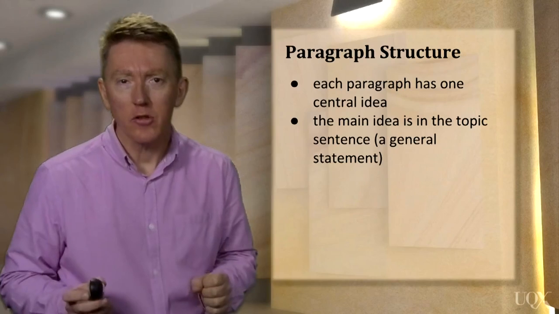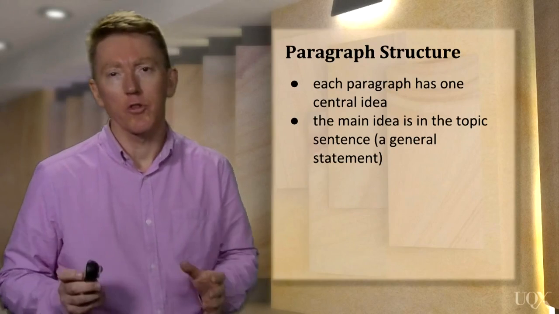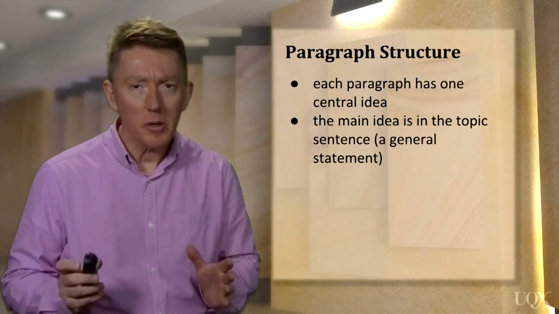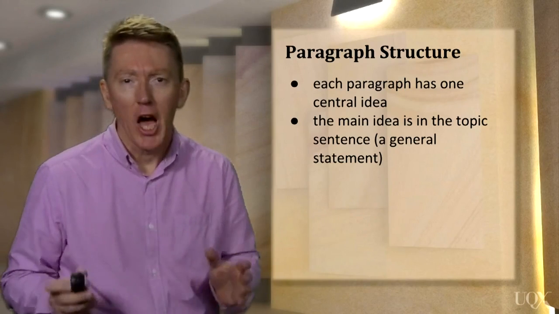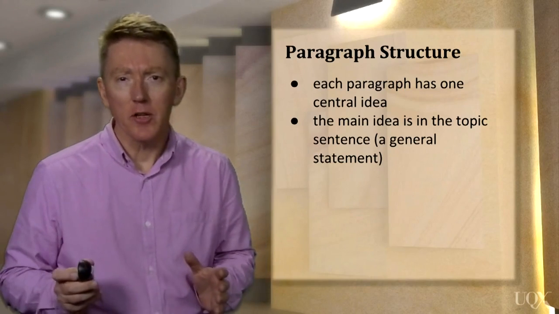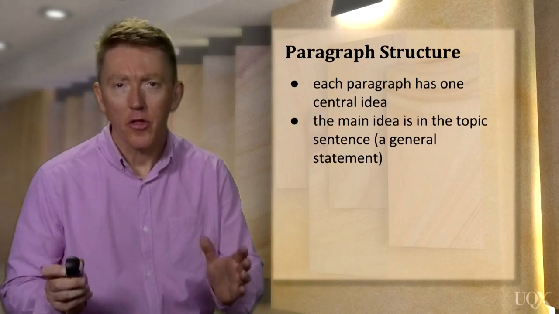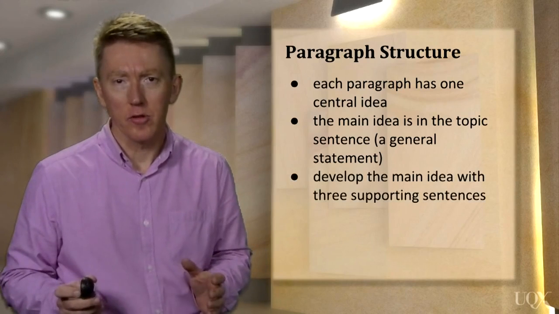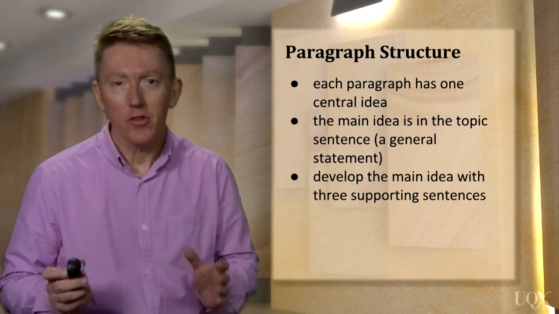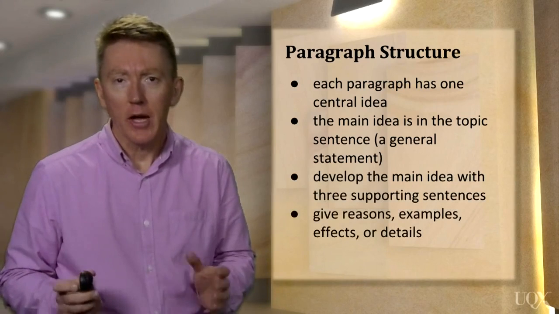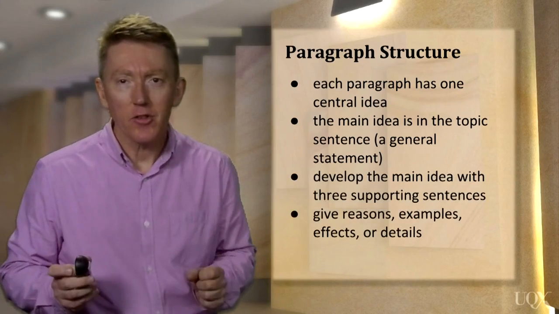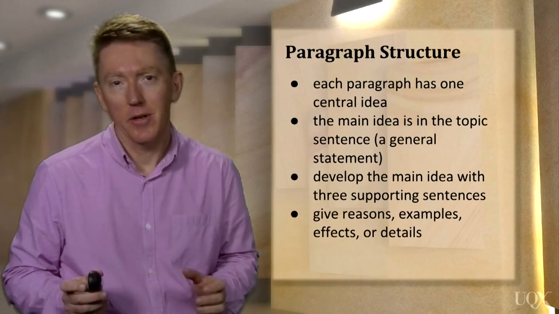The topic sentence should be a general statement. It shouldn't be too specific. You should develop the idea in the paragraph with about 3 supporting sentences. These sentences may give reasons, examples, effects, or details.